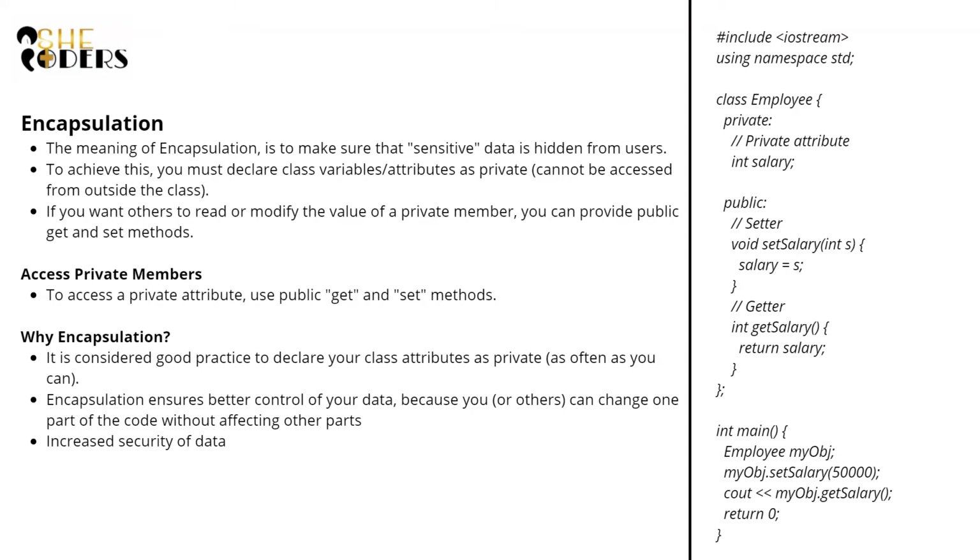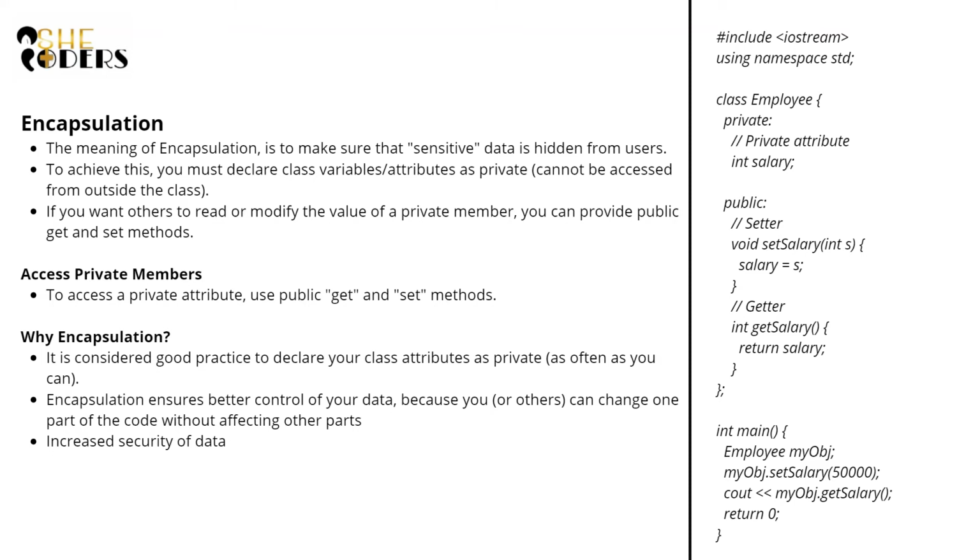Encapsulation is just to make sure that the sensitive data is hidden from the users. It means you are encapsulating something inside a capsule. To achieve this, you must declare class variables or attributes as private, so they cannot be accessed from outside of the class.